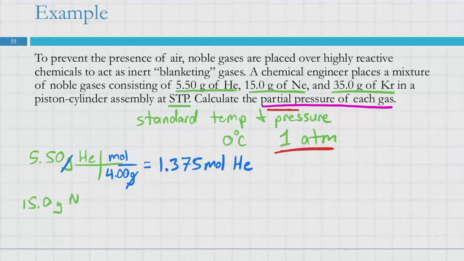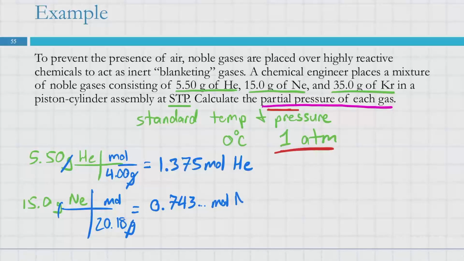With our neon, 15.0 grams neon, divide by the molar mass, 20.18. We've got 0.743 and some other stuff, moles neon, and then the last one is the krypton.